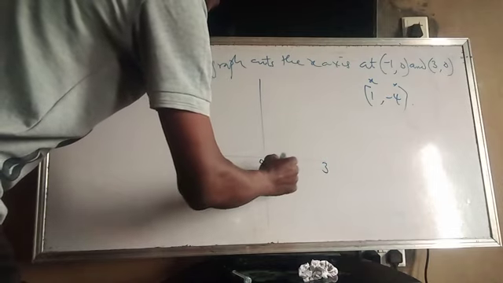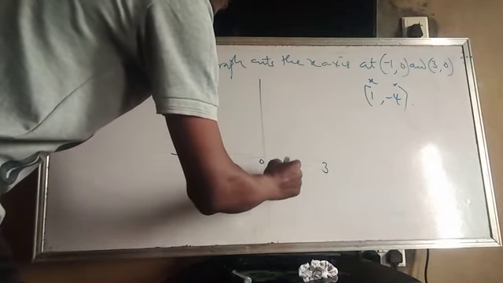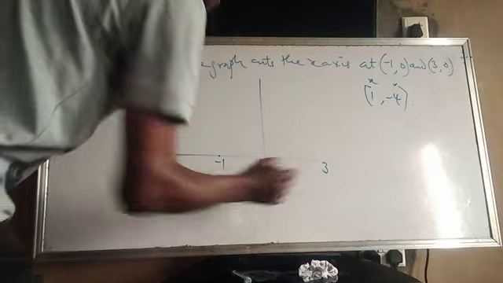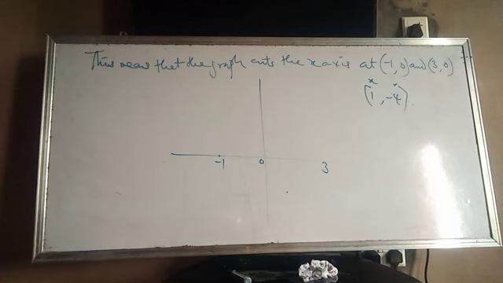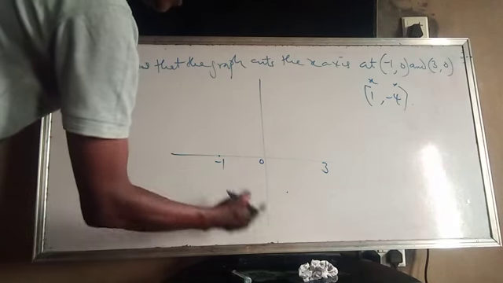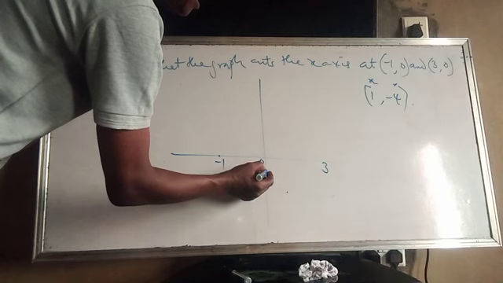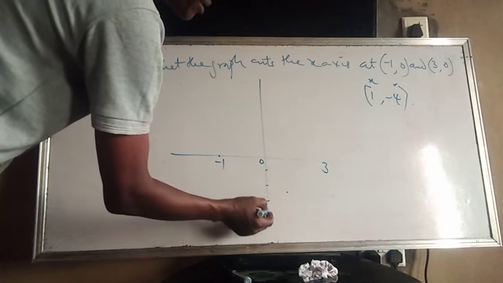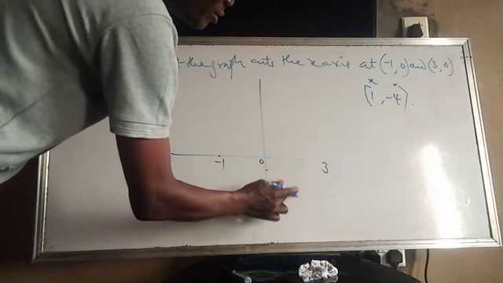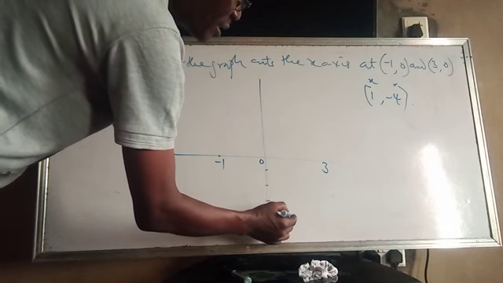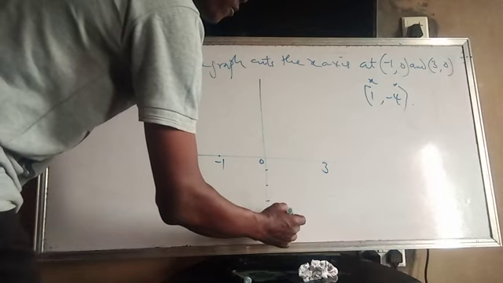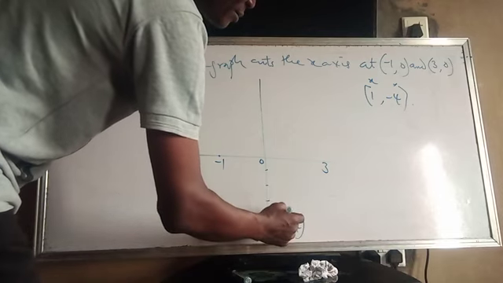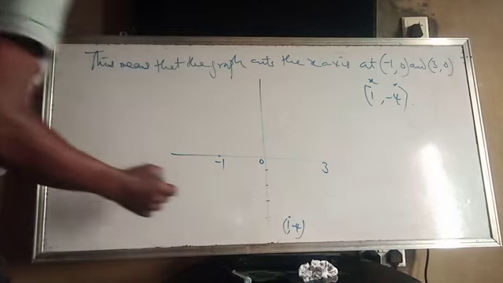So let's say 1 is somewhere here, 2 is here. Let's move down here. Let's say somewhere here. Now, our y is minus 4. Since this is y negative, y positive, let's say this is minus 1, minus 2, minus 3, minus 4. We are just sketching. So correspondingly, we have 1 and minus 4 here: 1 for x, minus 4 for y.